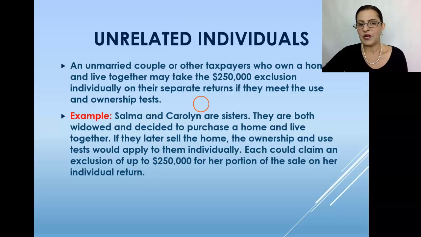And they're not a couple, but they came in together and they decided to buy a house together and live in it together. If that happens, then the ownership and use tests are applied to each one of those people individually, and they're allowed to claim the $250,000 exclusion per person on their individual returns.